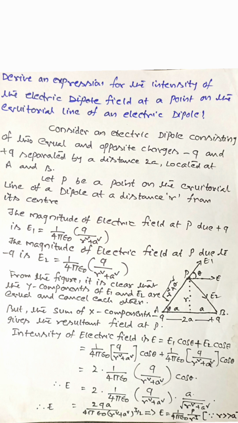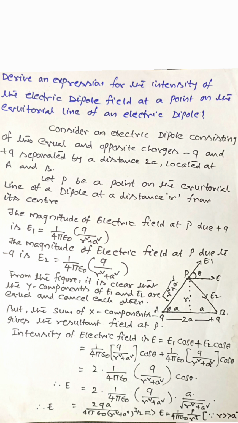Now we are going to calculate the magnitude of electric field at P due to plus q, E1, and the electric field at P due to minus q, E2. E1 is equal to 1 by 4 pi epsilon naught into q by (r square plus a square).